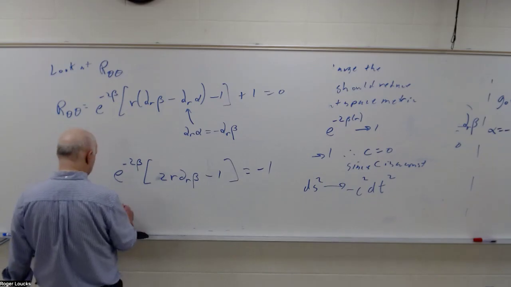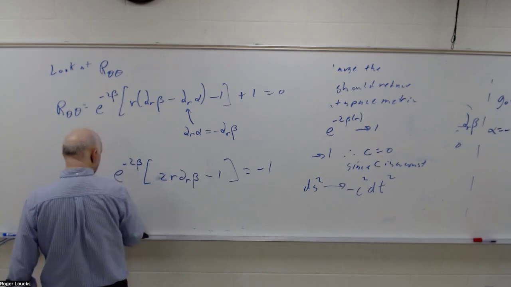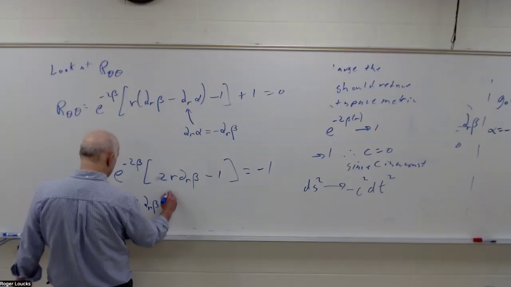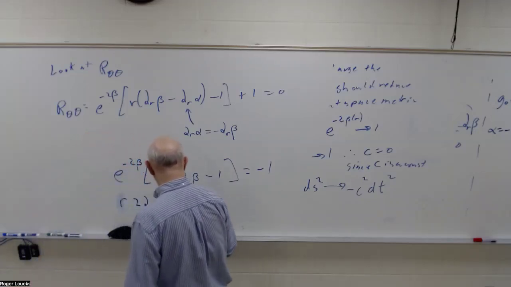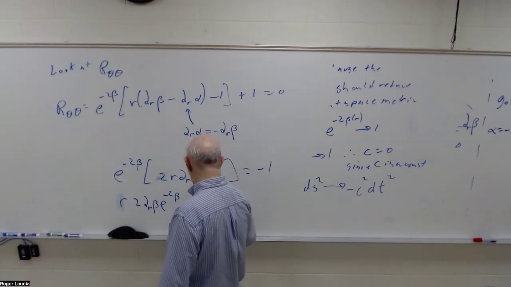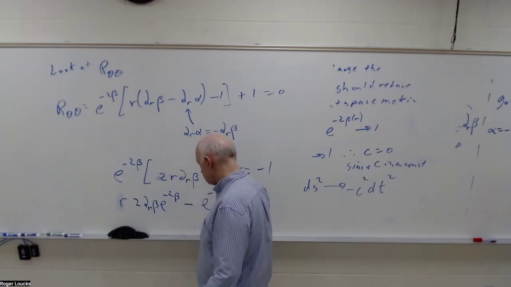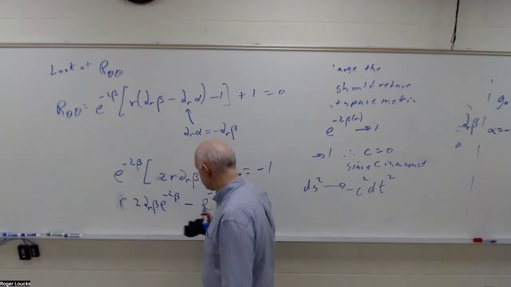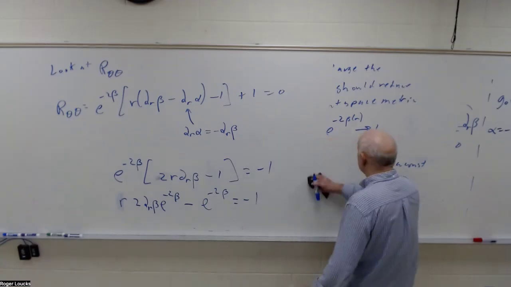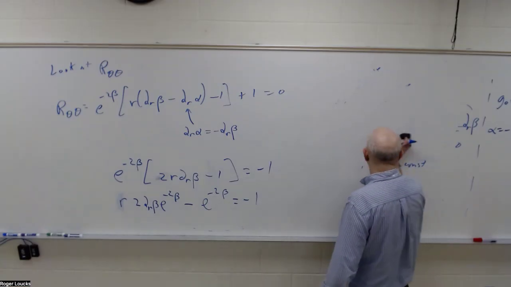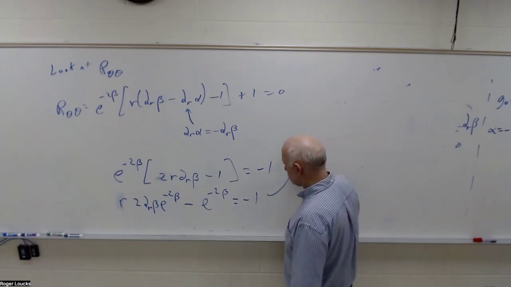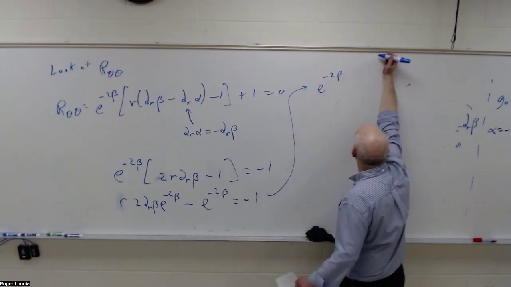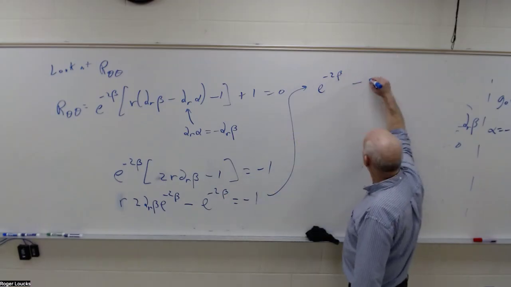I'm going to write this as 2R partial R beta minus 2 beta, minus e to the minus 2 beta. That is minus 1. And I'm going to multiply everything through by a minus sign to make it more transparent.